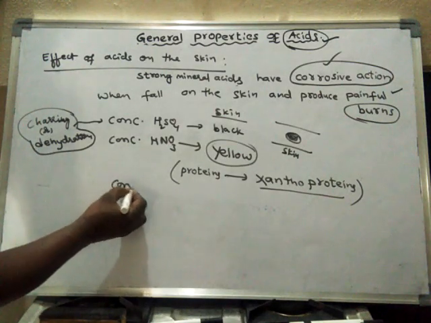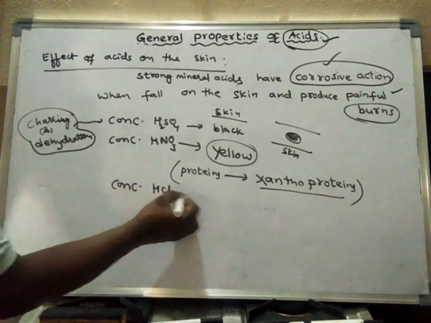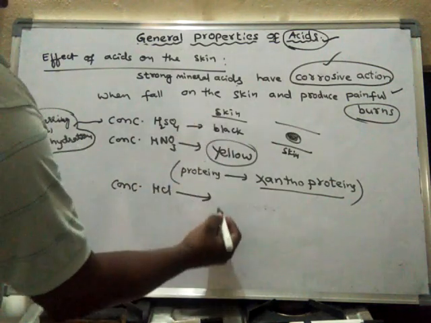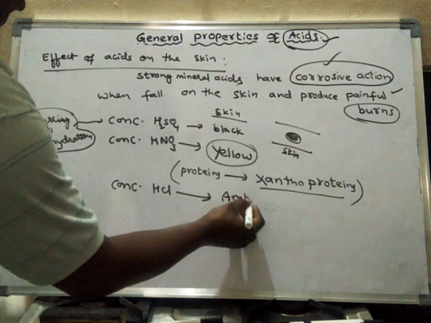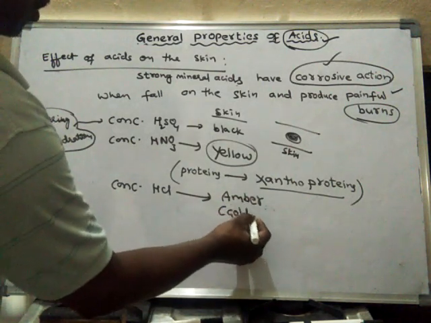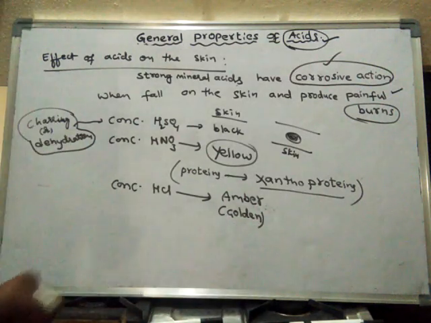So the protein layer present in the skin turns yellow. Suppose concentrated hydrochloric acid falls on the skin, it turns the skin amber. Amber means golden color.